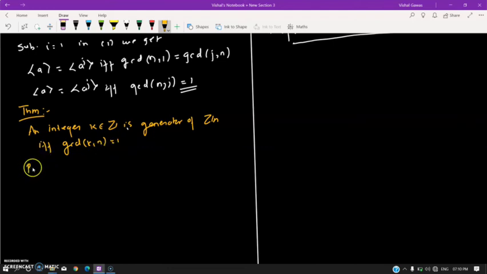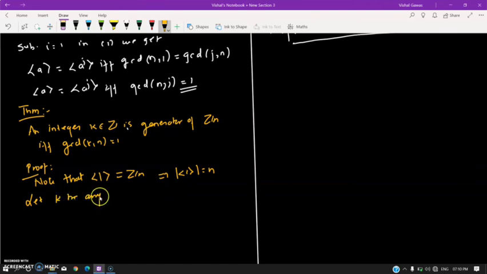The proof is based on the previous result. Note that I know one of the generators. Note that 1 generates Zn. This would imply that the order of 1 is equal to n. Let k be any generator of Zn.